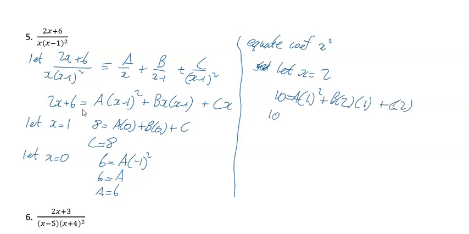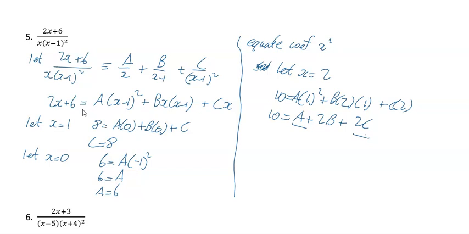So really you're going to get 10 is equal to a plus 2b plus 2c. But you already know your a and you already know your c, so you can easily work out your b. Okay, so that would work absolutely fine if you really don't like the equating coefficients method.